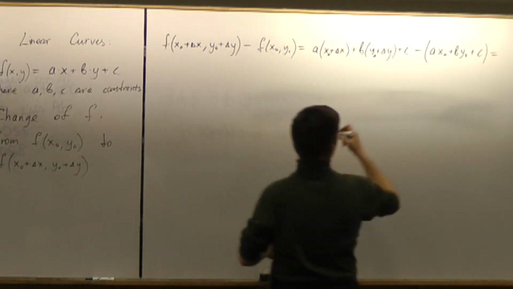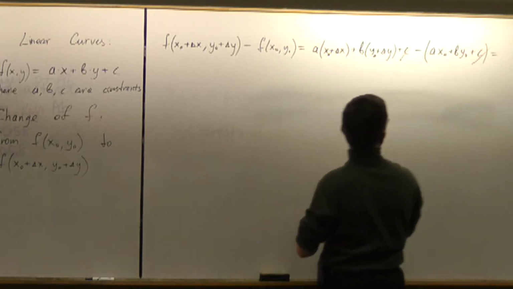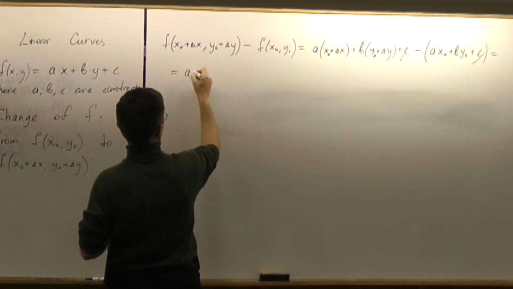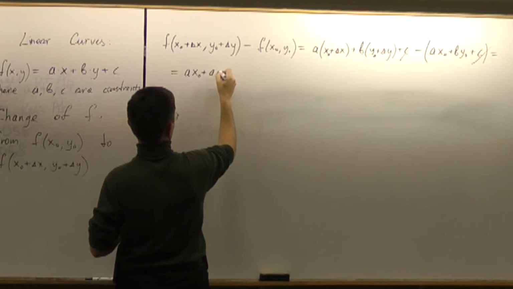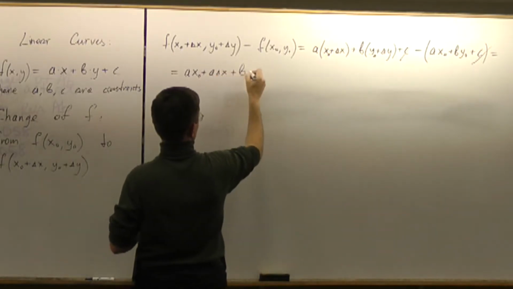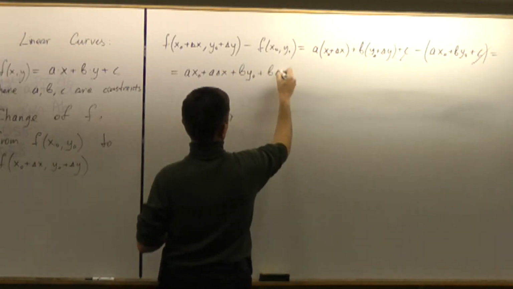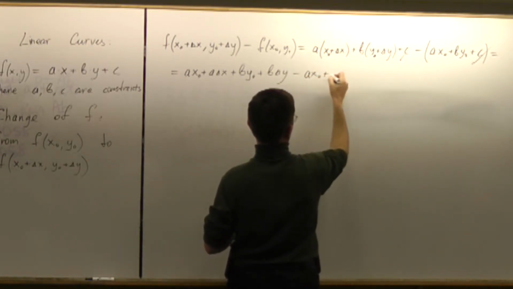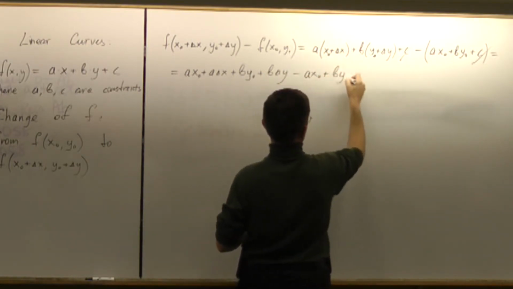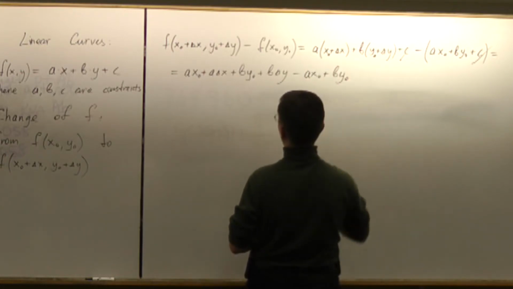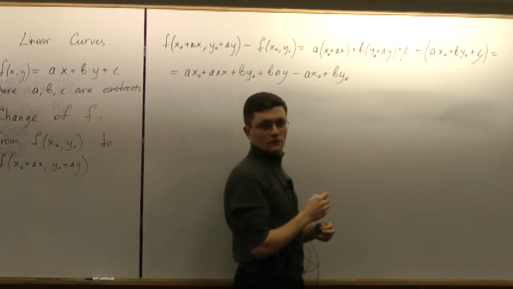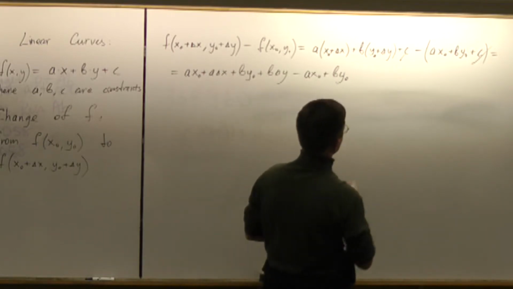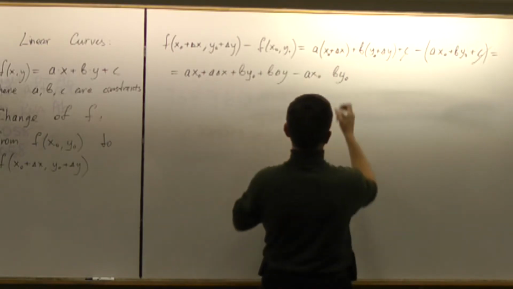Now let me simplify, c cancels. So that difference is a times x0 plus a delta x plus b times y0 plus b delta y. And I subtract a x0 plus b y0. Is it minus b y0? It is minus b y0, yes. Thank you.